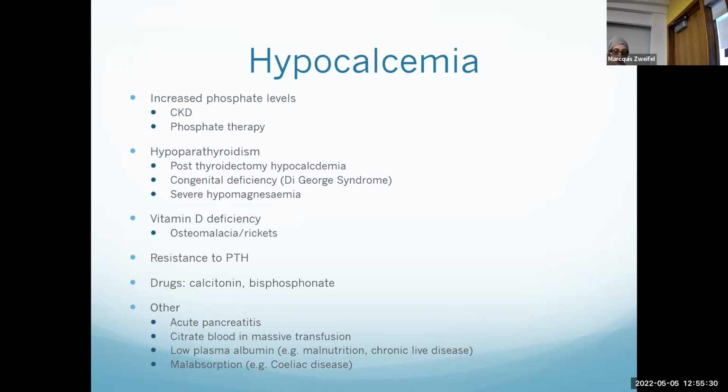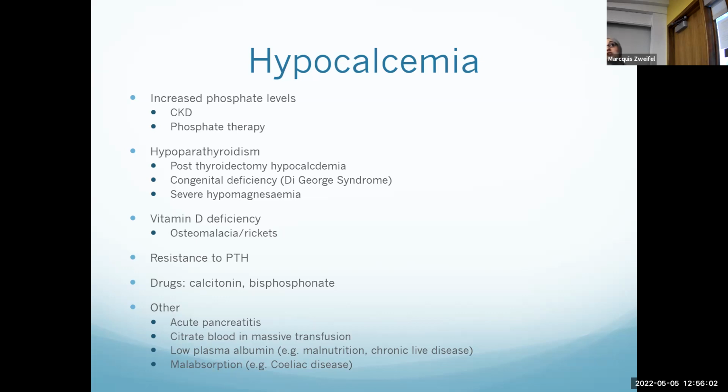We'll talk about hypocalcemia. Hypocalcemia with increased phosphate levels speaks to chronic kidney disease, or that you're giving them some phosphate-based therapy. Hypoparathyroidism, post-thyroidectomy hypocalcemia: these are cases that you really have to be vigilant about managing because they can go into really bad hypocalcemia.